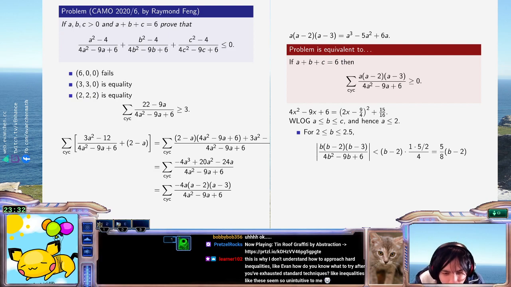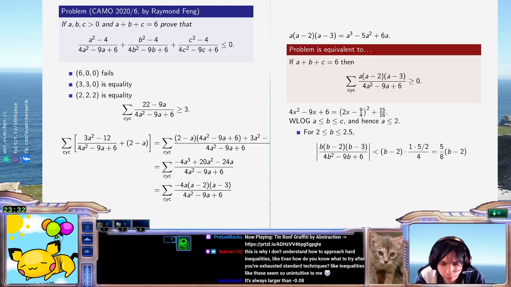Hang on. I messed up the earlier one. This is 2. Oh no, this doesn't sign. So this b is at most 3, and b minus 2 is at most 1.